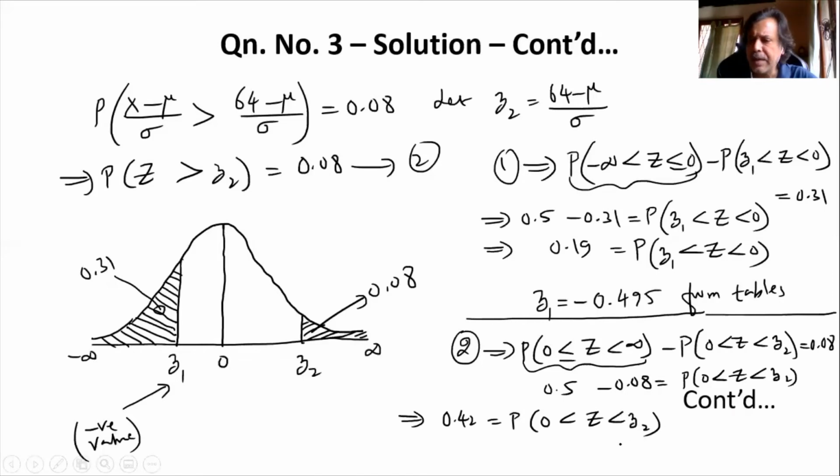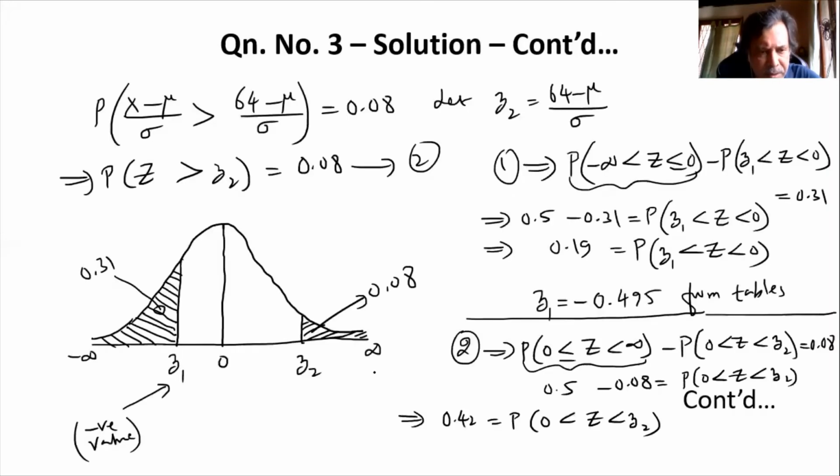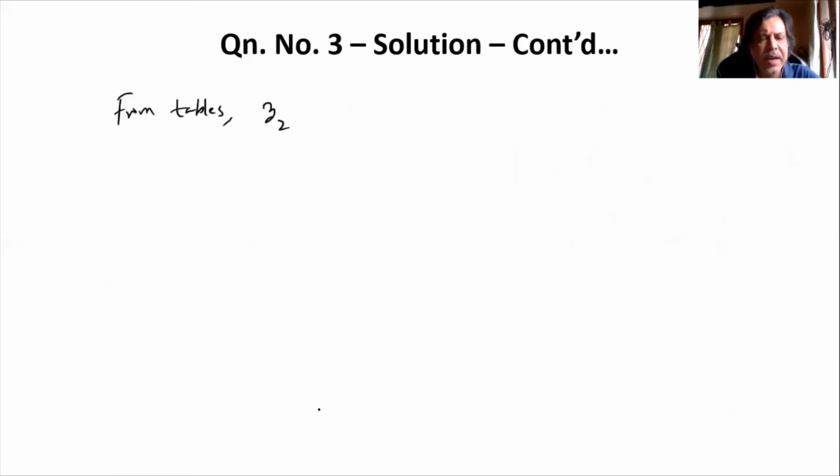Again, referring to the tables, we can identify our Z2. Z2 is actually a positive value because this is on the right side of 0. So whatever value we get from the tables, we will write it as a positive number only.